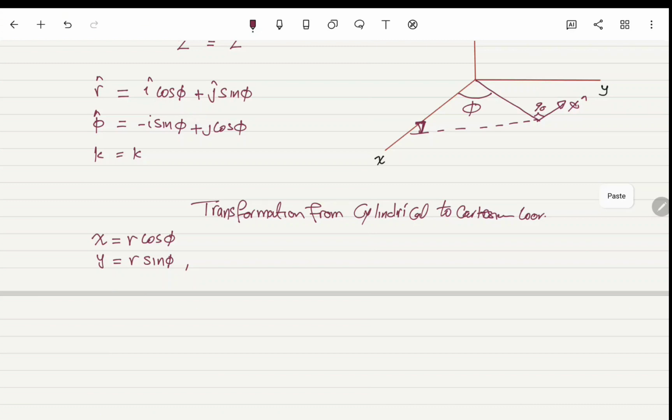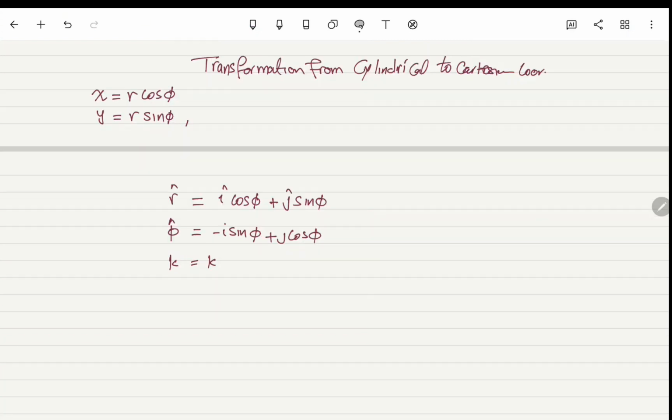Let's just copy these. Now we will follow the same procedure we have done in spherical coordinates. So we dot product the whole equation here with i hat, the whole equation with i hat, and this one with i hat. Therefore, when you dot product this whole equation with i hat, you will get i hat dot r hat equal to cosine phi, and i hat dot phi hat equal to minus sine phi, i hat dot k hat equal to 0.